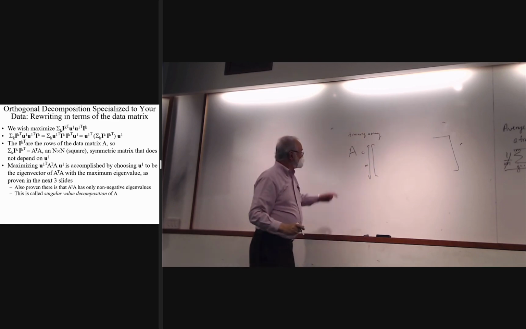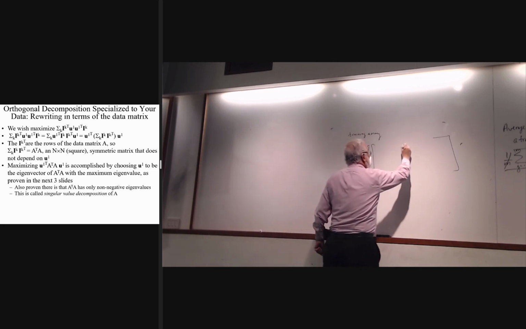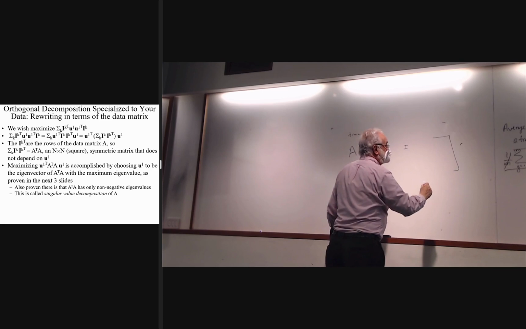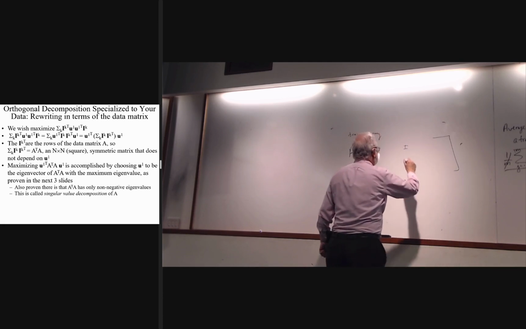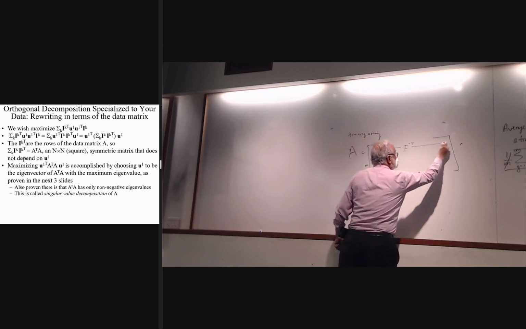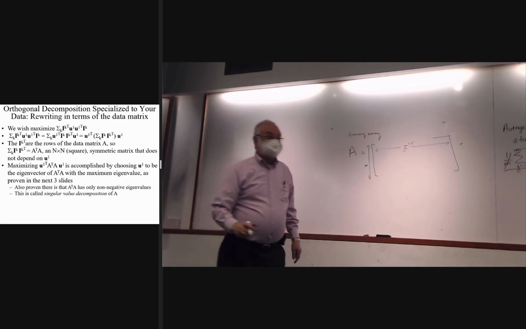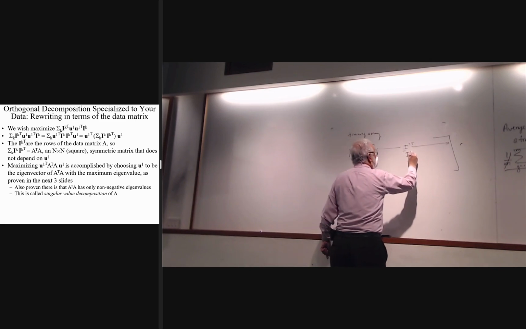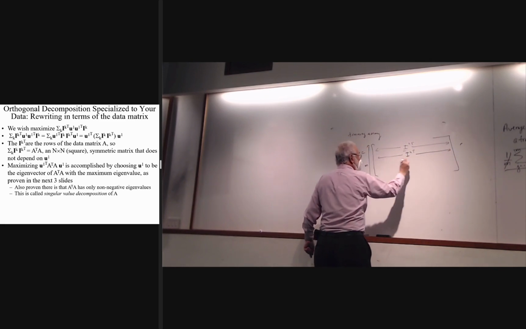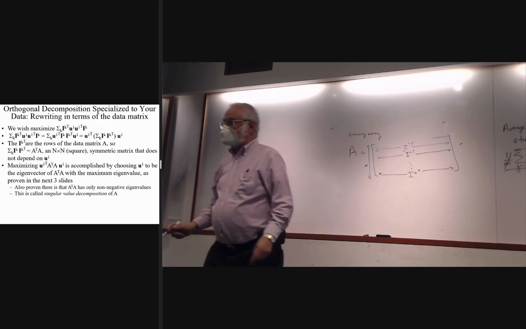There are m rows in this thing, and each one corresponds to a different training image. I1 transpose is this row vector, training image 1. I2 transpose is this row. IM transpose is this one. It's simply the list of all the training images, right?